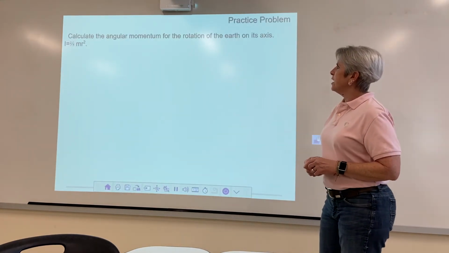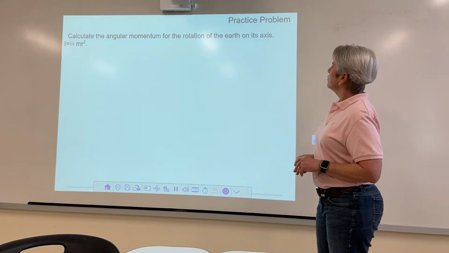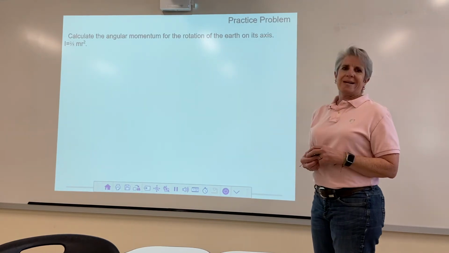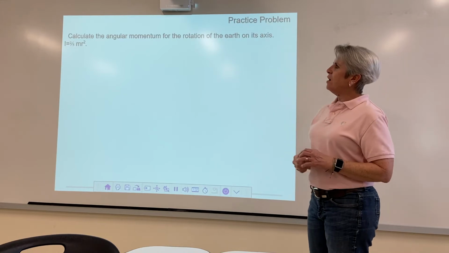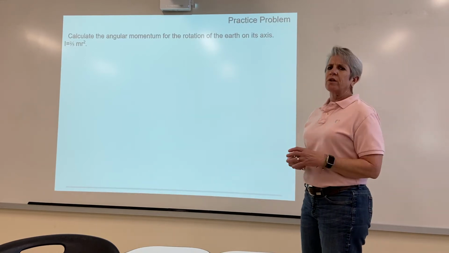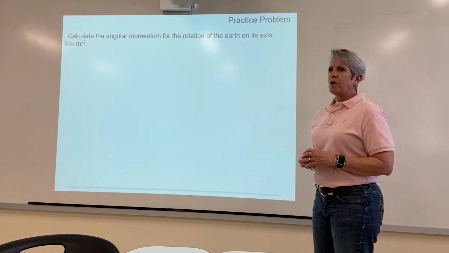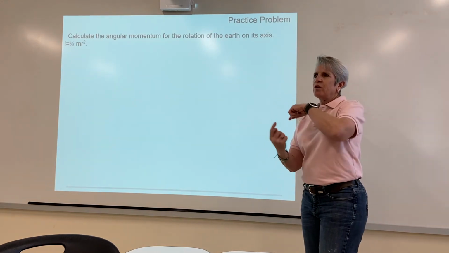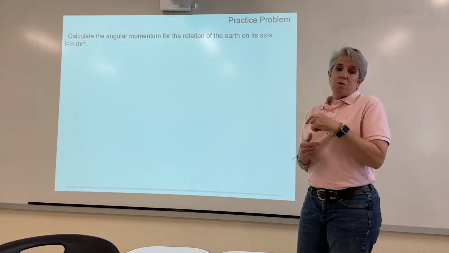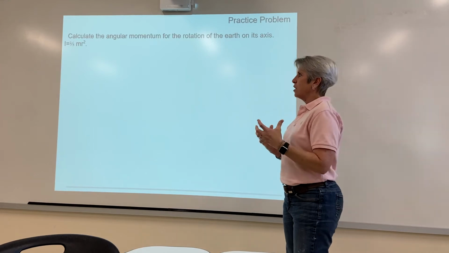This is: calculate the angular momentum for the rotation of the Earth around its own axis. And it says the I of the Earth, which would be a solid sphere, is 2/5 m r squared. So Earth is spinning around its own axis, and because it's rotating about a fixed point, it has angular momentum.